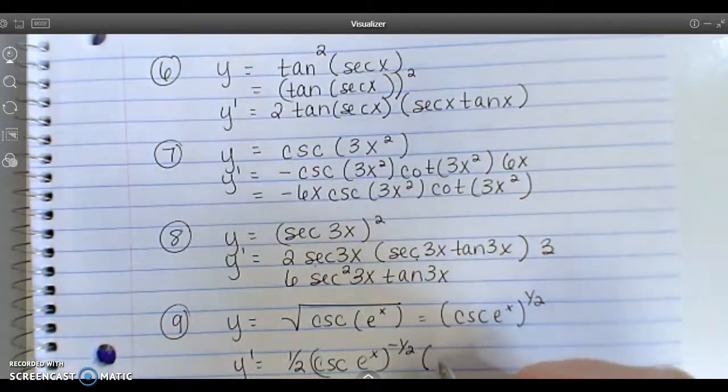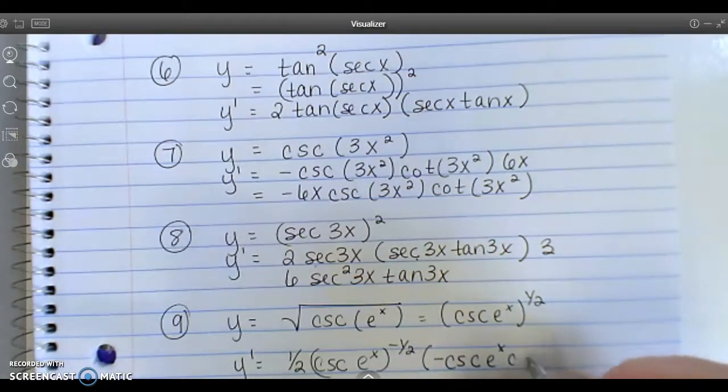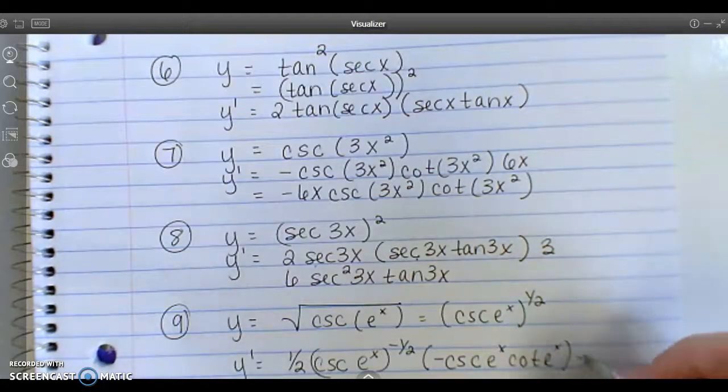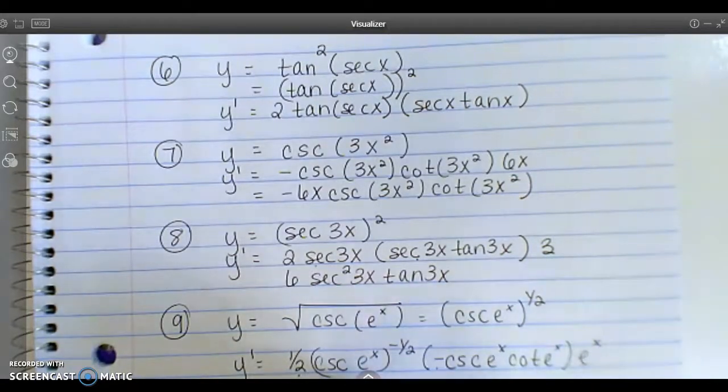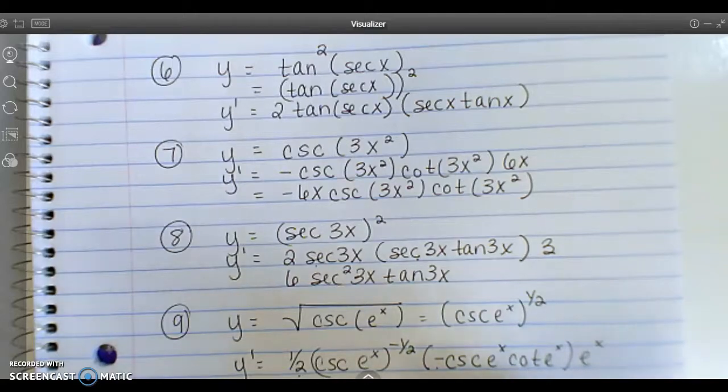Derivative of cosecant is negative cosecant of e to the x, and then cotangent of e to the x, times the derivative of the inside, which is the derivative of e to the x, so there's another e to the x there. The only other thing I can combine are the negative 1/2 and e to the x. And then there's really nothing else that you can combine here.